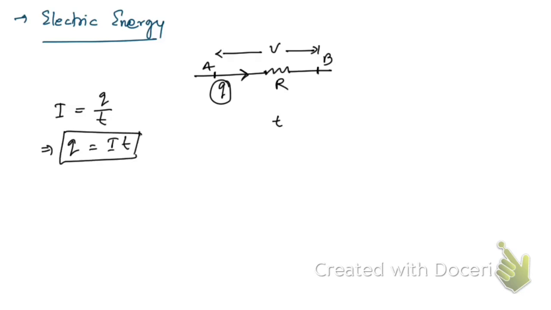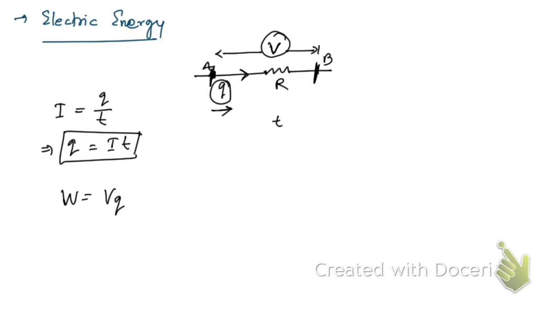Now you see, as I have considered that V is the potential difference across this resistor R, the work done to carry Q charge across this element is W is equal to V into Q. According to the definition, the potential difference between two points is the work done required to carry 1 coulomb charge.